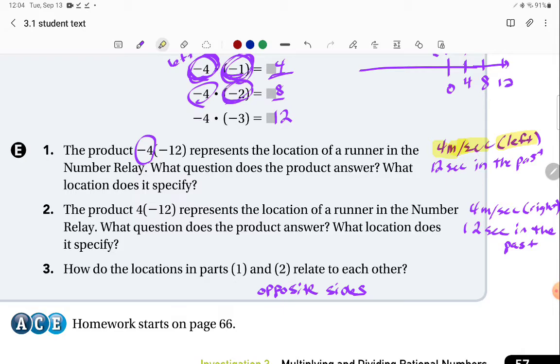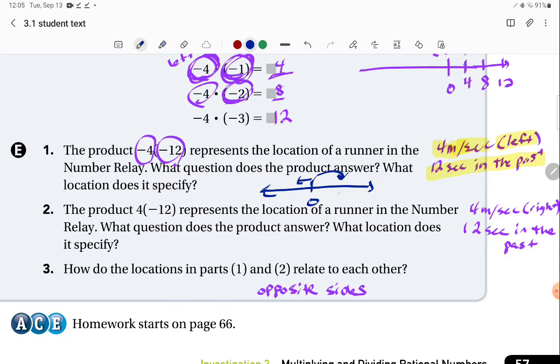And this -12, since it's negative, means where was this person 12 seconds in the past. So if you're thinking about it on a number line, here's 0, and he's running to the left, but they want to think in the past. So you have to go this way.